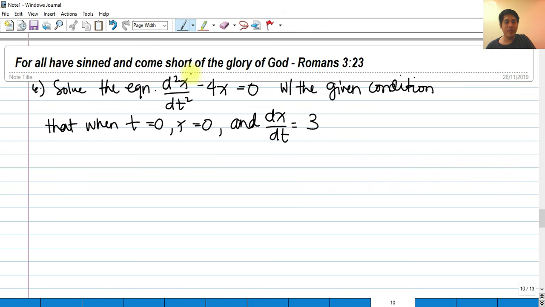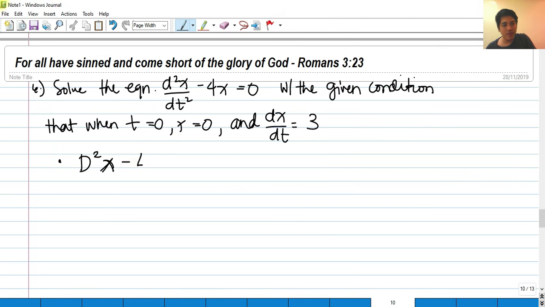So first, what we're going to do is write this into an auxiliary equation or differential operator. So we have D squared x. Notice that a while ago we had y here because y was the dependent variable, but now it's x, so it must be x.